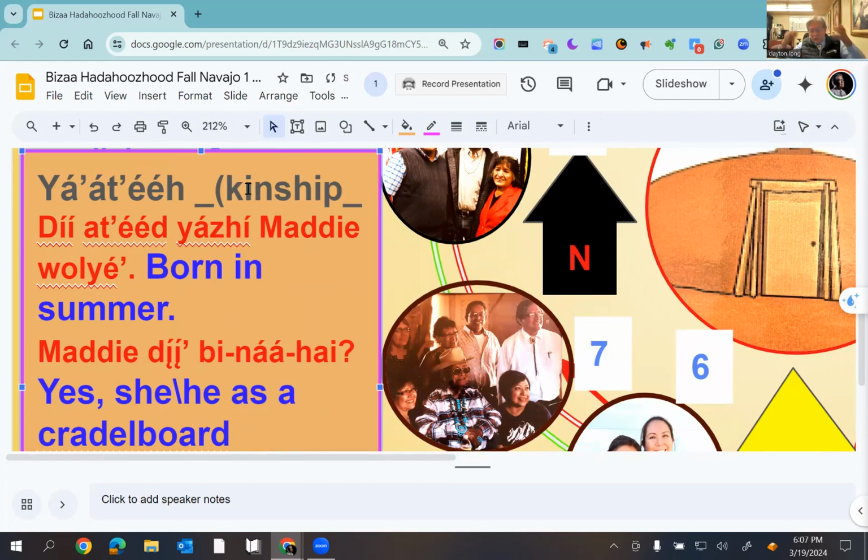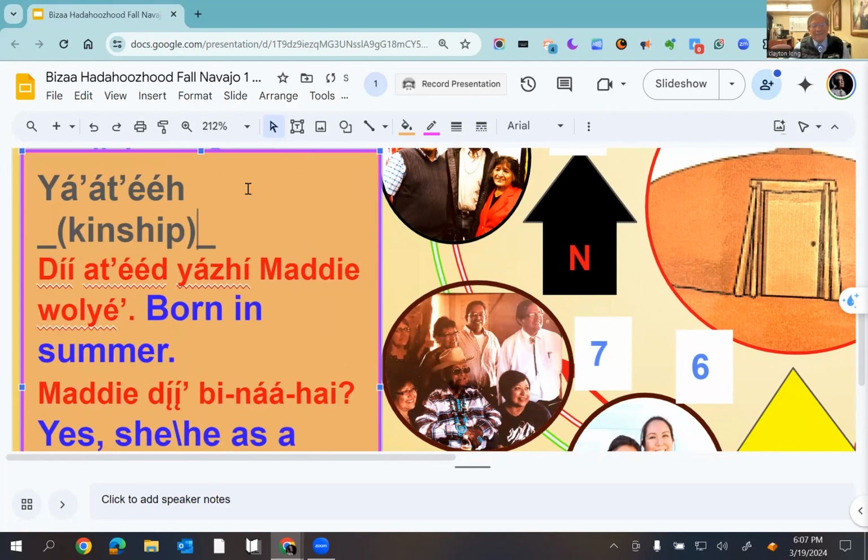I just want to keep using kinship because we want to get so used to it that from this day forward, you're not going to say mom anymore. You're always going to say shema, or to your father, shije. And so we'll just keep that idea. All right. So kinship term, so powerful, so strong.